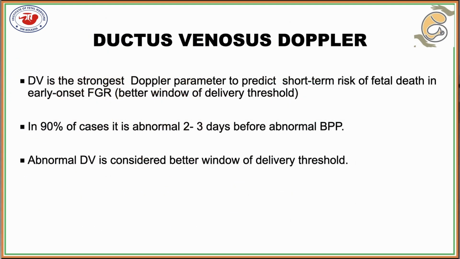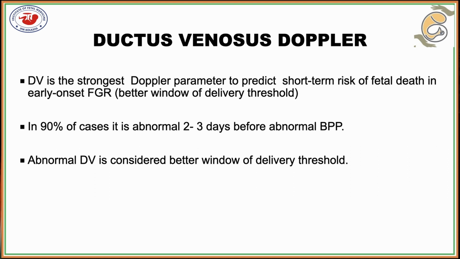Now ductus venosus Doppler. This is the strongest Doppler parameter to predict short-term risk of fetal death in early onset FGR. This is a very short-term change. If you see ductus venosus change, then you need to deliver within 48 hours. This is not a chronic phenomenon like CPR that will persist.